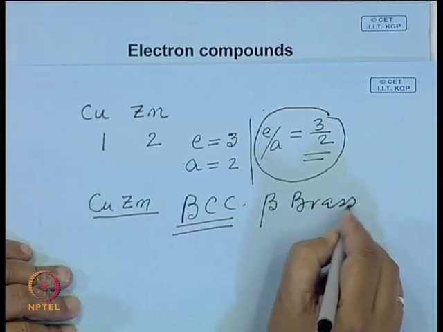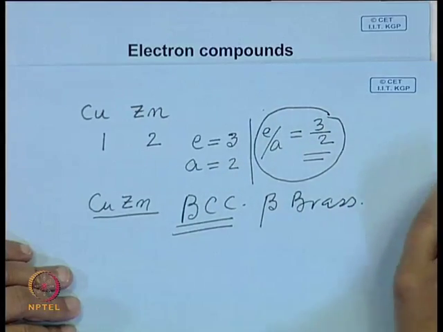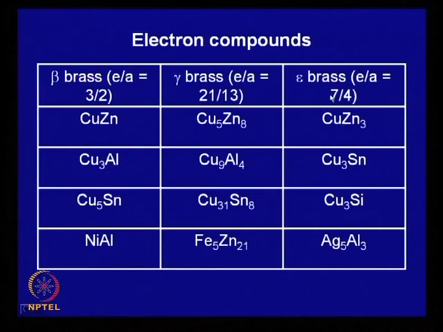The structure is the same as beta brass, and there are several examples given here. CuZn, Cu3Al. Here the valency of aluminium is 3, so it is 3 plus 1, with 3 copper atoms: 3 electrons from copper and 3 from aluminium, so 6 electrons and 4 atoms.